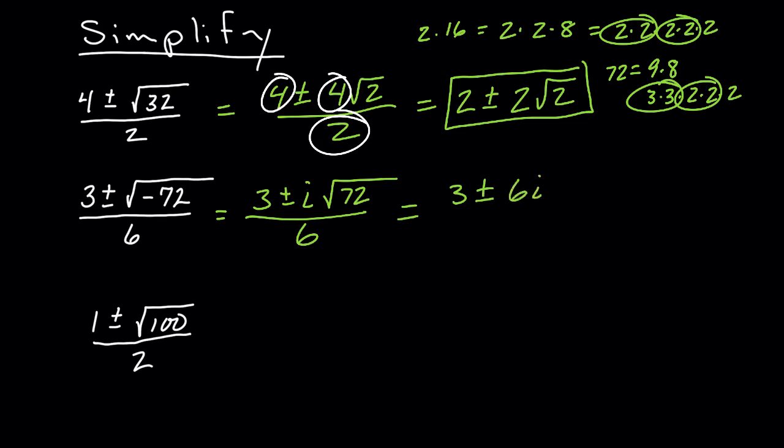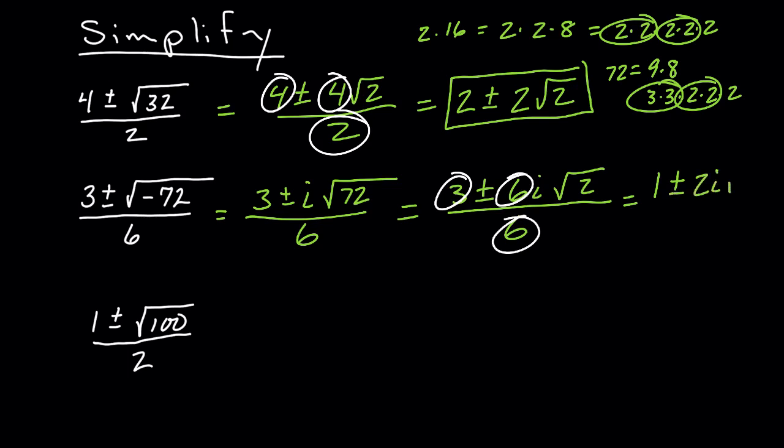You already have the i. You have a 2 left over over 6. All right, so 3, 6, and 6 are all divisible by 3. This becomes 1 plus or minus 2i root 2 over 2. That is your simplified answer.